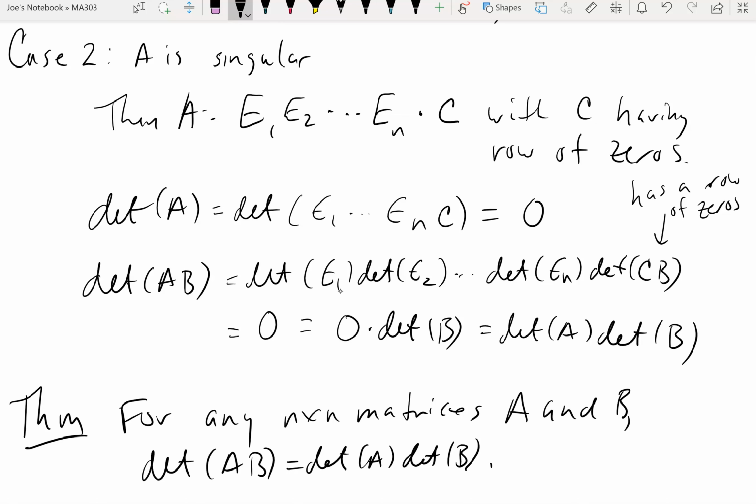I know it was long-winded, but we got there. This is the important part for determinant. We also got some things along the way, besides just this particular property.